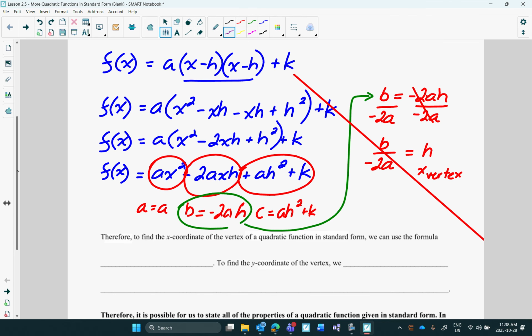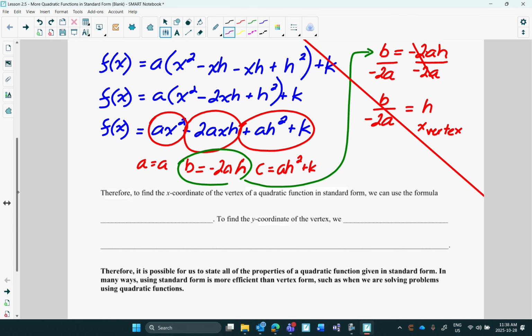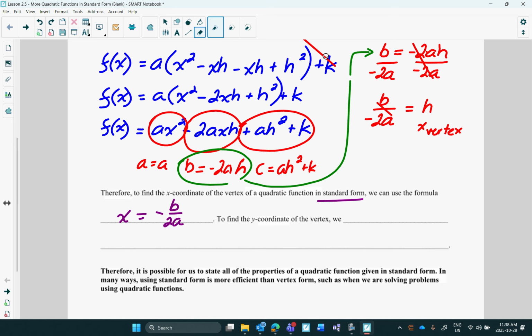So, to find the X coordinate, if it's in standard form, we use the formula X equals negative B over 2A. And once you've got the X, actually I'm going to call it XV for vertex. How do we find the Y coordinate?